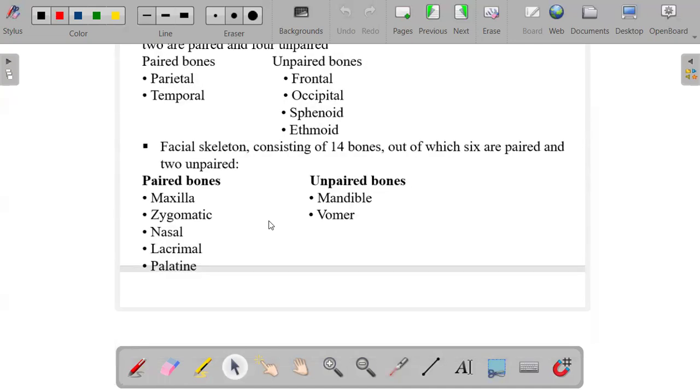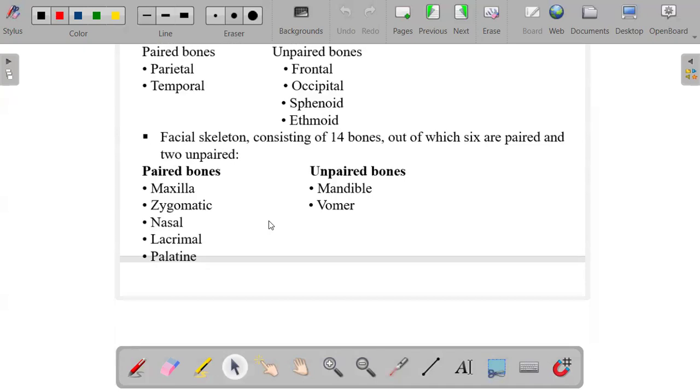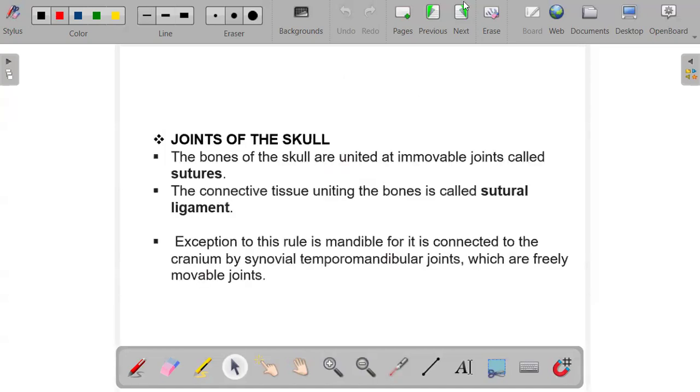The exception to this rule, as we said, is the mandible, for it is connected to the cranium by a synovial temporomandibular joint, which is a freely movable joint, unlike the sutures. So this is what we meant.